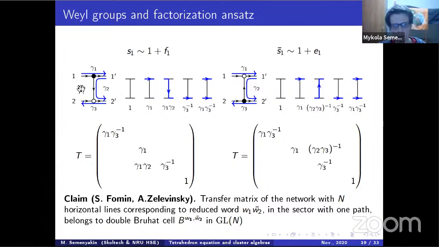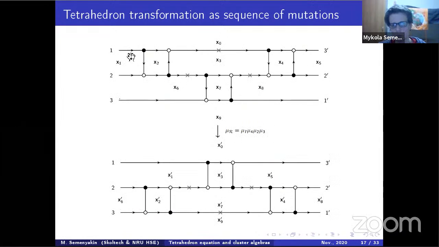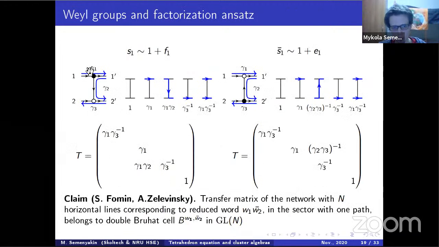They introduced networks like this network. We say that such a network is on 3 horizontal strands, and it corresponds to the group GL3, or PGL3 to be more precise.